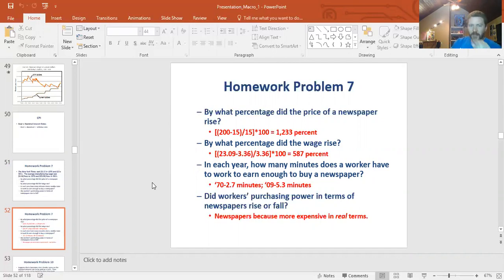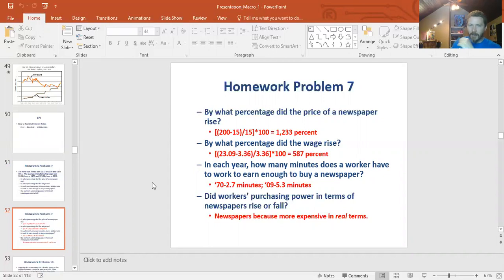But look at the next one. Part 3 is what really matters. You don't really care about the price of the newspaper per se, and you don't really even care about your wage per se, because those are nominal variables. Just how many dollars you receive or give up isn't quite what you care about. What you really care about is the purchasing power of an hour's worth of labor.